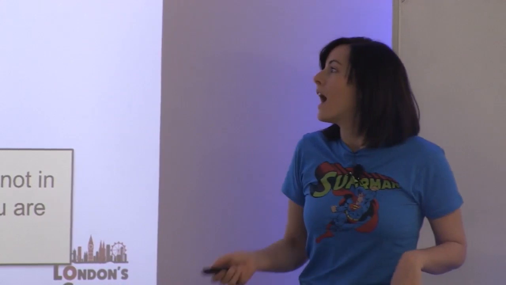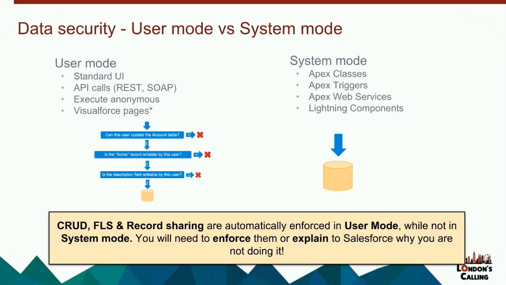This is when users are interacting through the standard UI, when they are doing a standard API call, using execute anonymous, which uses the tooling API under the scenes, and in most cases in Visualforce pages. But they also wanted to give developers the ability to skip these checks when needed, because developers usually have to create system processes and skip those permissions.